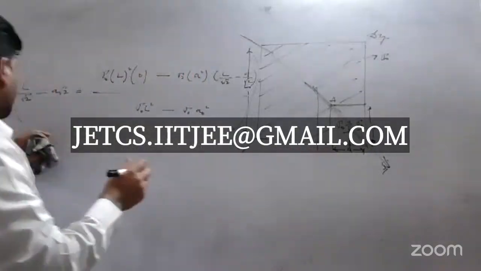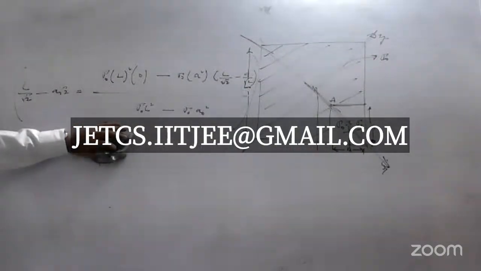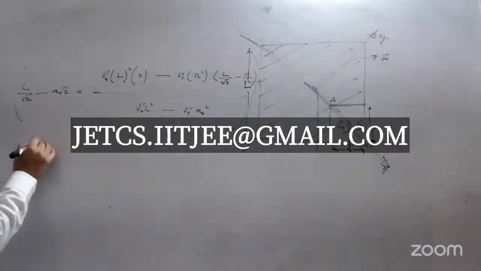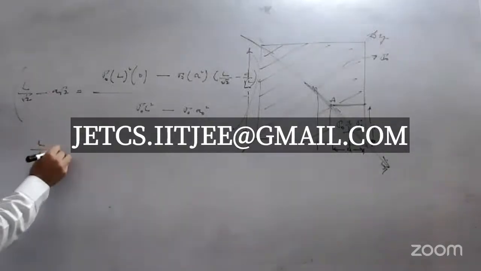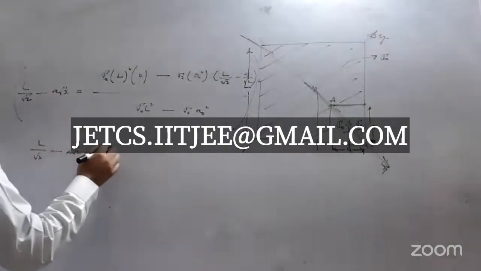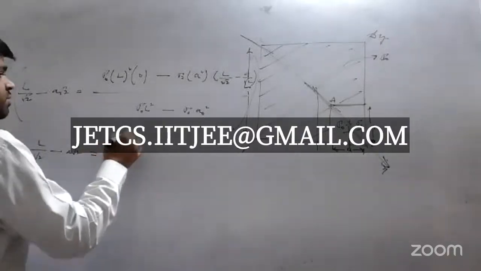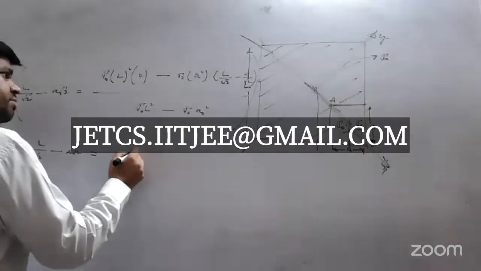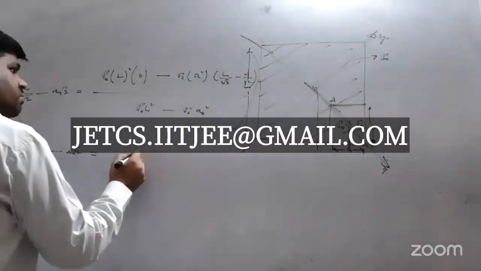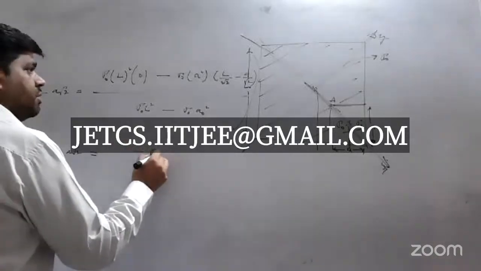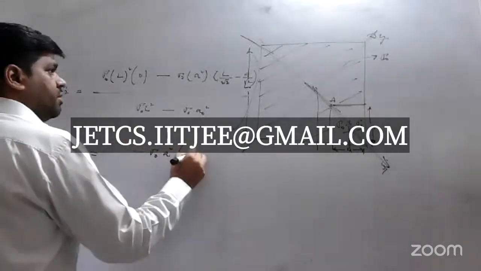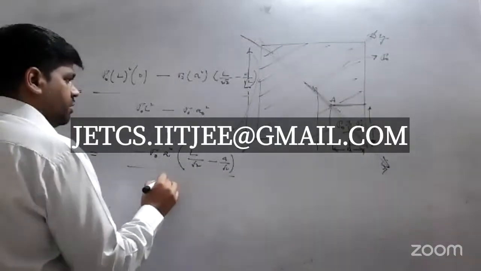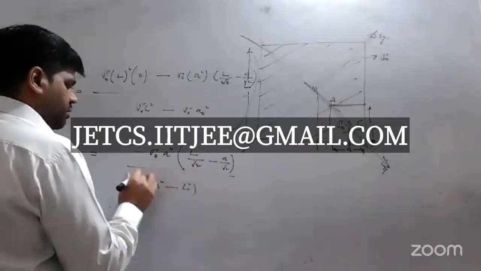All right. So I hope you understand this equation. If this is solved, you get the A by L. Okay, I'll do it again. L by root 2 minus A root 2 is equal to, this is gone, and this will be negative, minus sigma a square L by root 2 minus a by root 2 by a square minus L square into sigma.